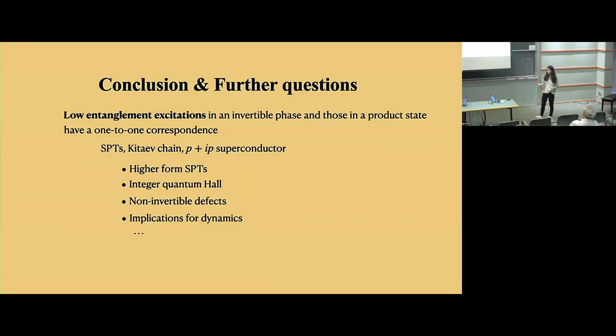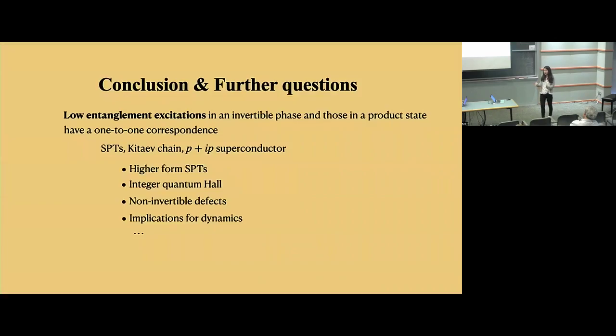But even for invertible symmetries, I only talked about how we get invertible phases. On the top boundary, if I choose something else through the sandwich, I can actually get some non-invertible phases. So we can use that to describe excitations in non-invertible phases, but it's a little bit involved.